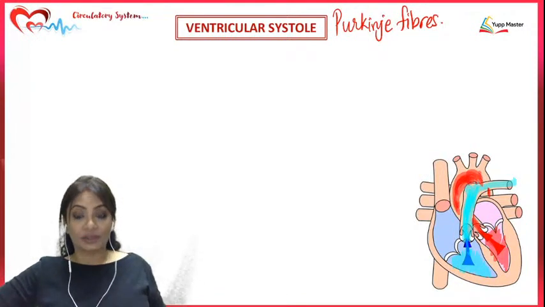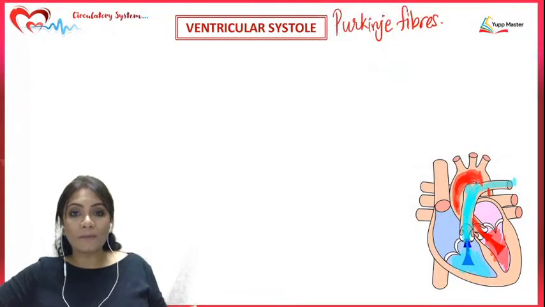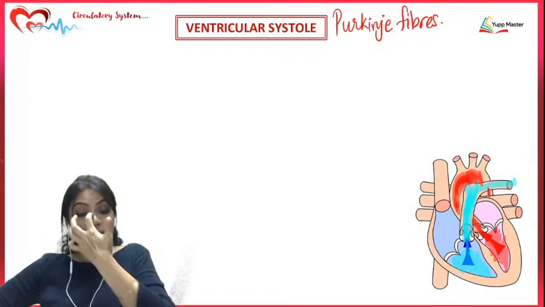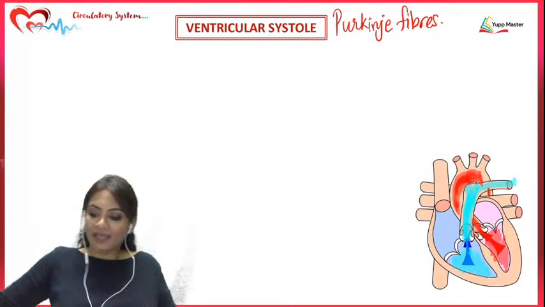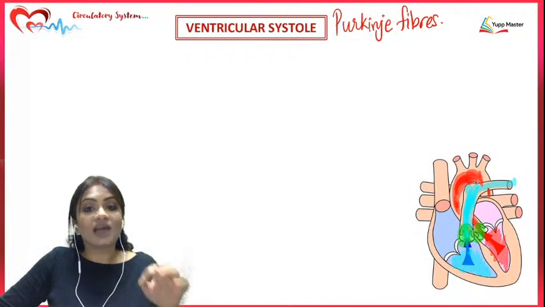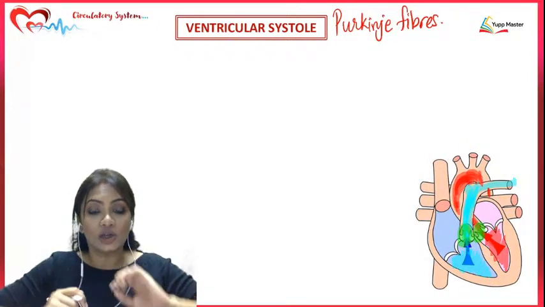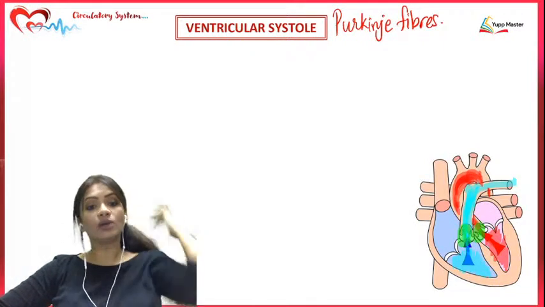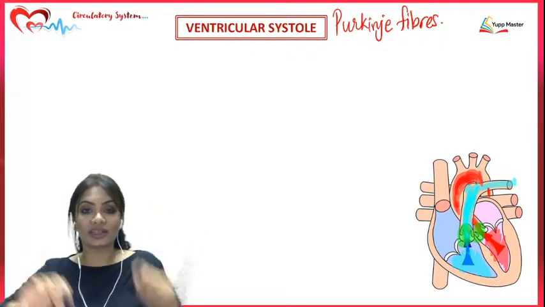Remember one thing: in between the ventricles and these two major blood vessels, there is a valve which is half moon shaped, one over here and one over here. Those valves are called the semilunar valves. So the blood passes through the semilunar valves to go to the respective parts.